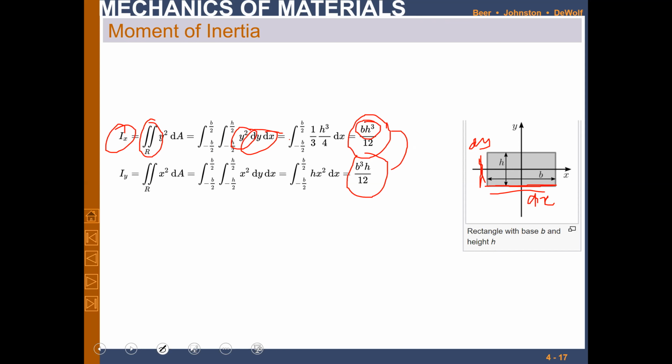So b, since b is along the x-axis and you are calculating Ix, will come with a single power, and the other will come with the cube of that. When you are calculating Iy, now we implement this methodology on Iy. The parameter along the y-axis is h, so it will come with a single power, whereas b will come as b cube h, right?